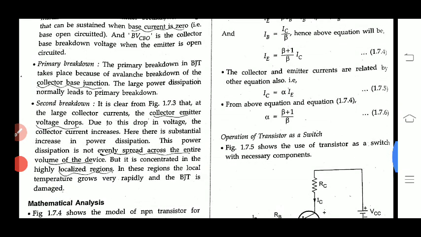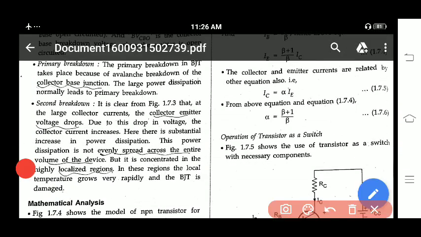Next we saw that there are two types of breakdown in the BJT, primary breakdown and secondary breakdown. Primary breakdown takes place in between the collector to base junction, usually because of large power dissipation. Secondary breakdown usually occurs with the collector to emitter voltage drop. In this region there is more power dissipation.